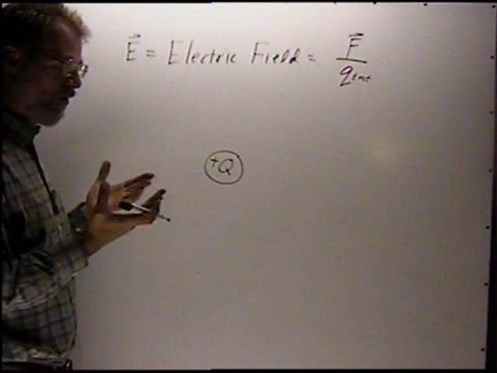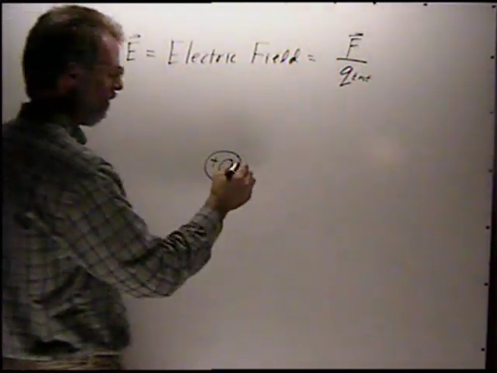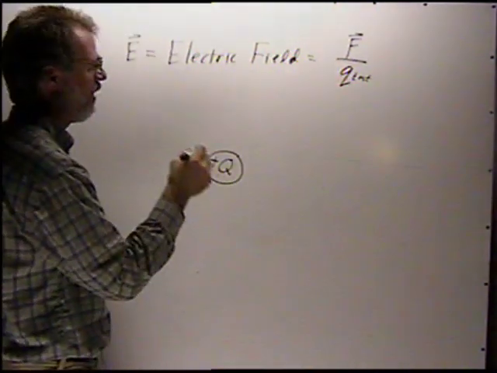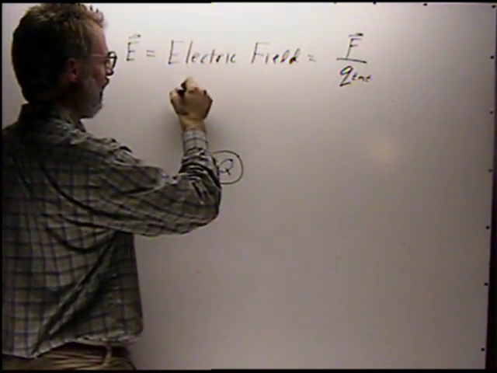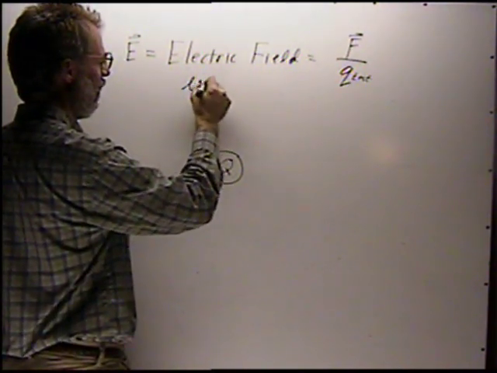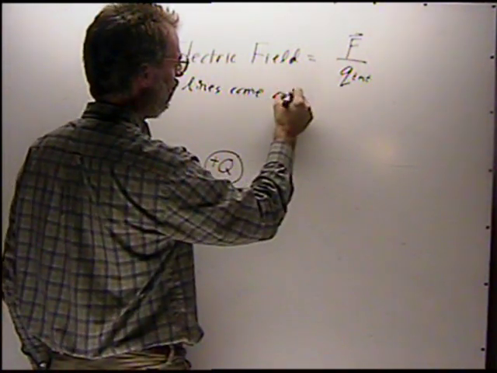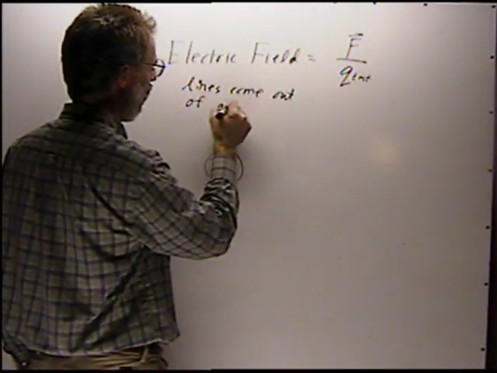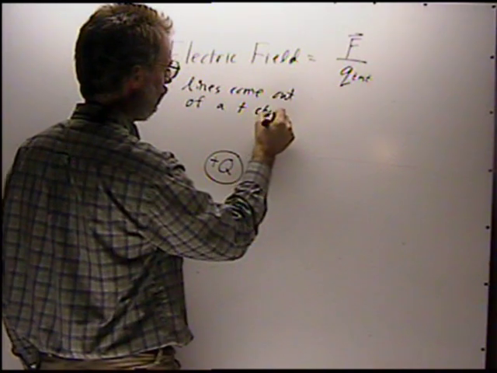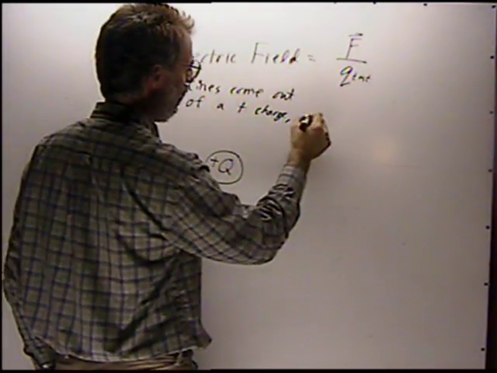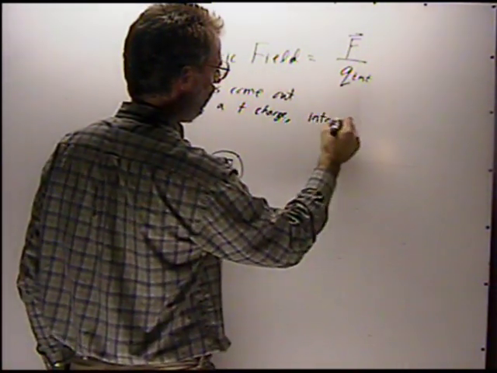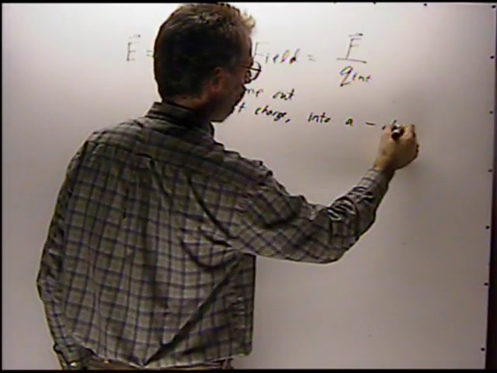By definition, we call it the electric field, and we draw electric field lines. The electric field lines come out of a plus charge and go into a negative charge.